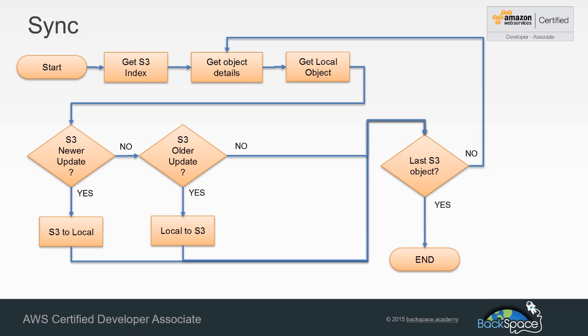If the S3 is a newer update, then we're going to copy the object from S3 to local storage. If the S3 is an older update, then we're going to copy the local object to Amazon S3. If it's neither, then we just keep going back around until we go through the entire list, until we get to the last S3 object on that list, and then we finish.